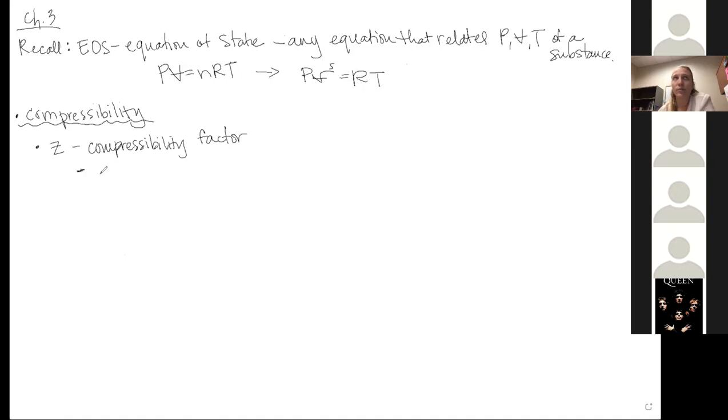What we consider it to be is the deviation from ideal. So we have this ideal gas law, but then we also have this Z term, which allows us to determine how we are deviating from an ideal situation. So deviation from ideal gas. It's also called a correction factor.